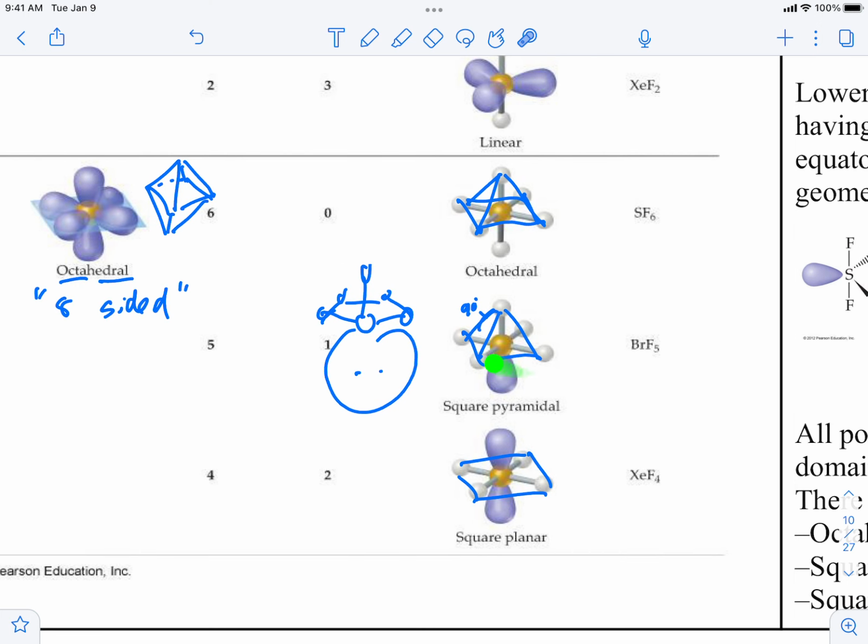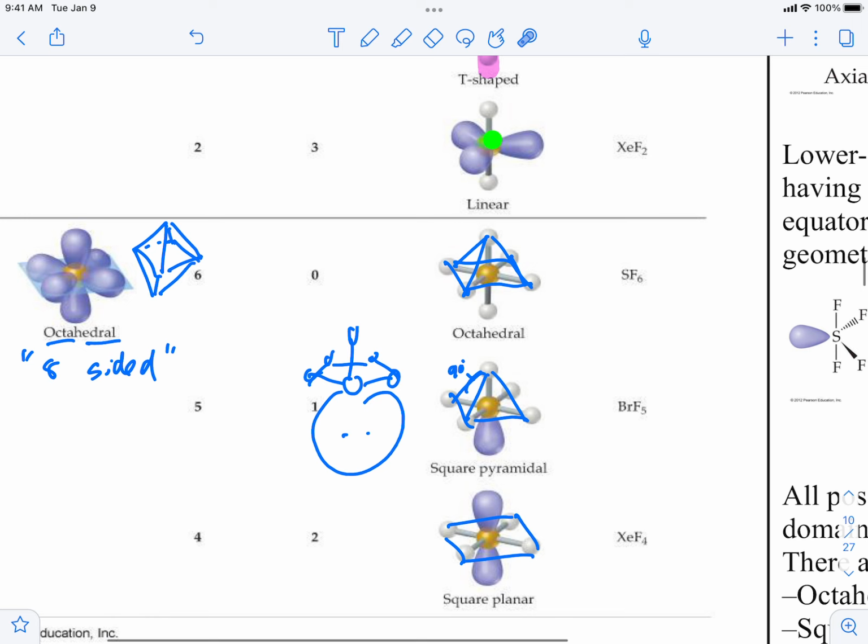Square pyramid, definitely polar. Square planar, nonpolar. So if it has a lone pair, it doesn't automatically mean it's polar. You have to kind of assess, because we saw 2 instances where there are lone pairs, but this guy and this guy are nonpolar. Yeah, you're looking for symmetry, but be careful. Also pay attention to if all the atoms are the same.